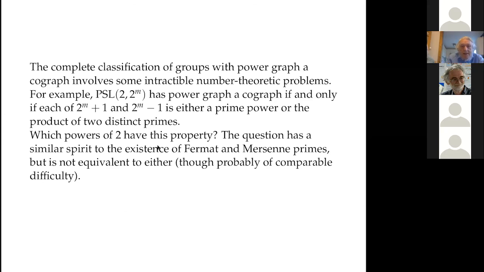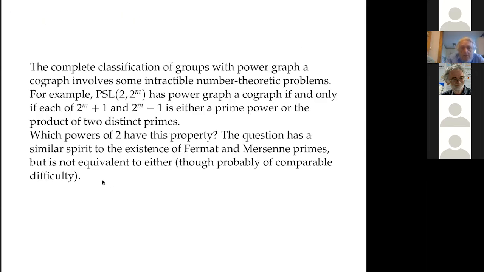Well, it's in the same spirit as the existence of Fermat and Mersenne primes. They're not equivalent. If you have, let's say, a Mersenne prime, so that you know that 2 to the m minus 1 is prime, perhaps 2 to the m plus 1 is a product of just 2 primes. Well, you can easily see that one of those primes has to be 3.